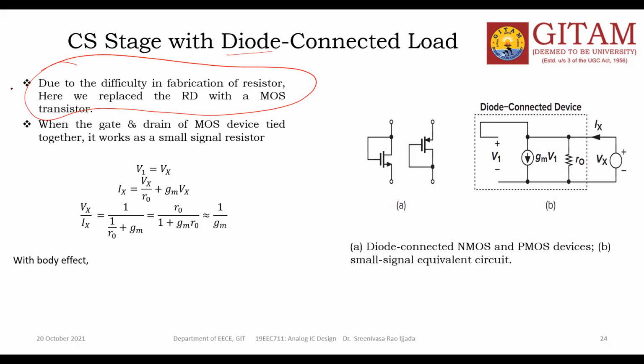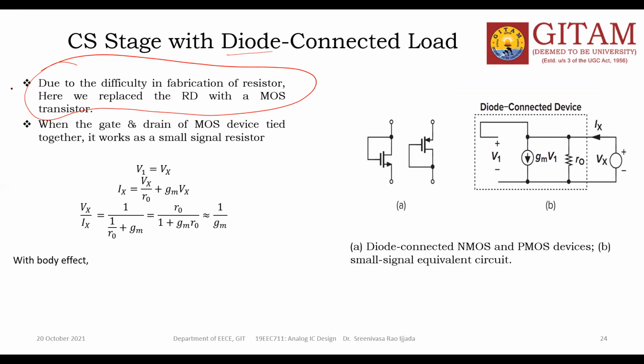Reason is resistor fabrication is difficult. Second reason is mostly the resistors occupy more area. So due to this, most of the time the designer tries to avoid resistors. If not possible, definitely we will keep it as is. Otherwise, he will try to replace the resistor with another device.